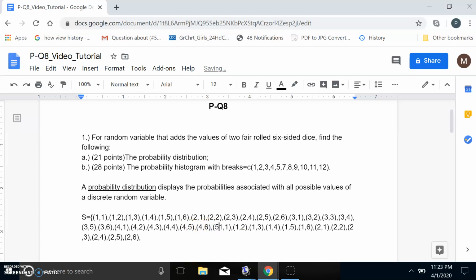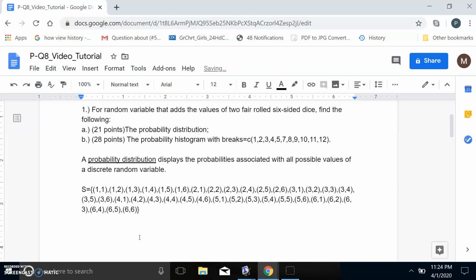Then 5, 1, 5, 2, 5, 3, 5, 4, 5, 5, 5, 6, and then lastly 6, 1, 6, 2, 6, 3, 6, 4, 6, 5, 6, 6. So this is a sample space of rolling 2 dice.